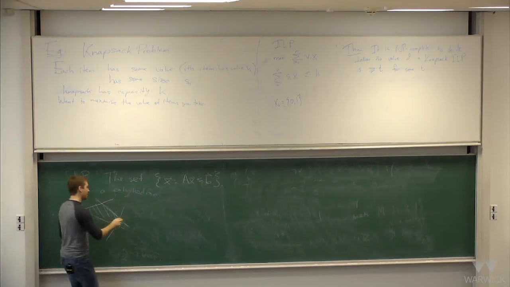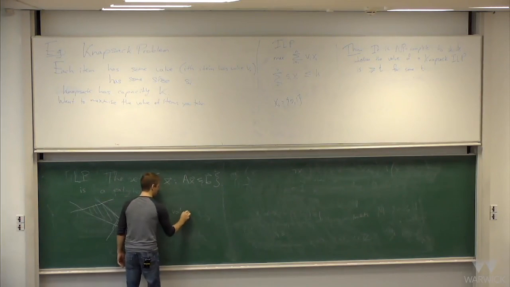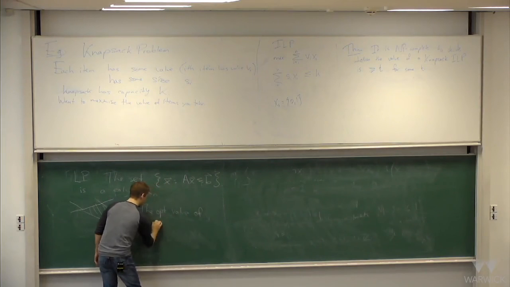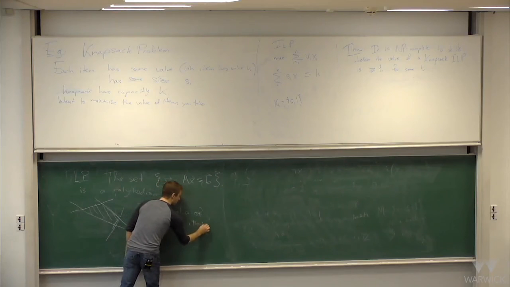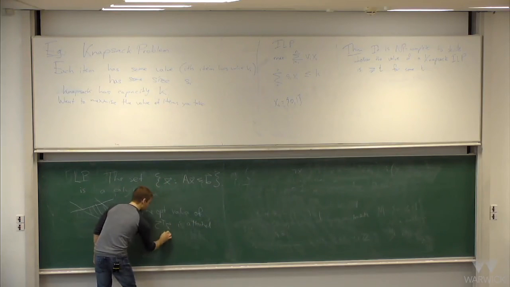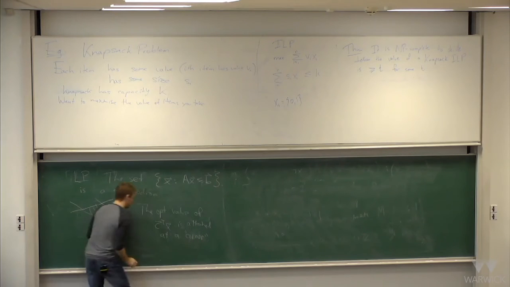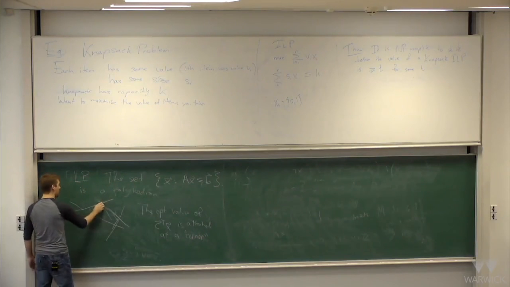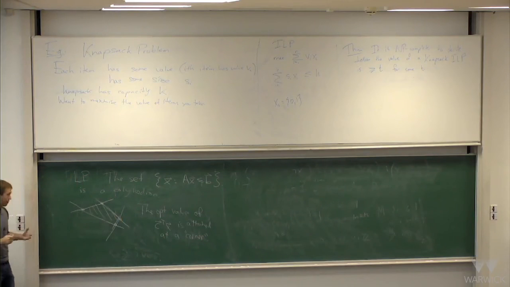This is in 2 dimensions, but you can have these things in n dimensions, right? And I mentioned that the optimum value of any linear objective function is attained at one of the corners. So the maximum possible value will be at one of these points, for any linear program.